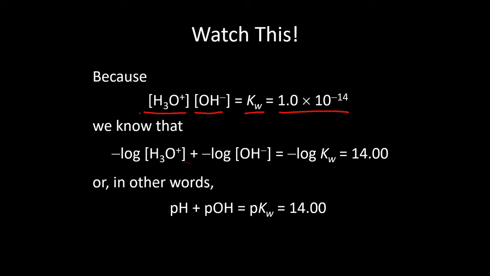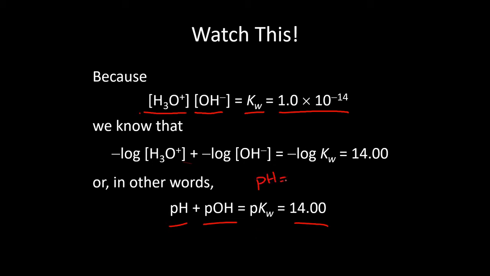Anyway, if we take this and simplify it, which is to say we insert P anywhere there is negative log base 10, we end up with the pH plus the pOH is equal to 14. And that is actually really handy, having this.